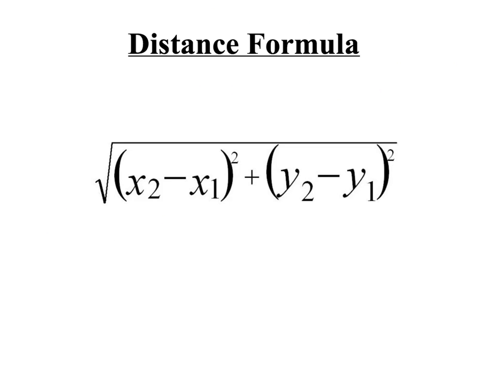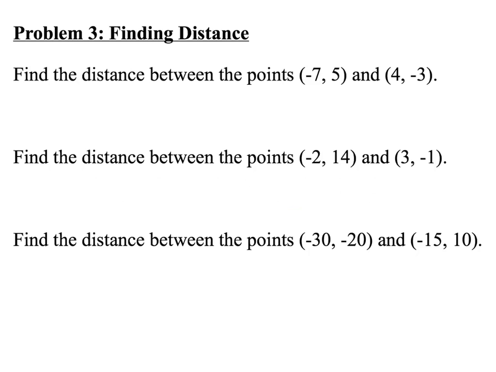So now we're going to be working with the distance formula. And it's the same process, except we just plug in into a different formula. As you can see, here I have x2 first and y2 first. If you put x1 and y1 first, you're still going to get the same answer. So now we want to try to solve and practice.